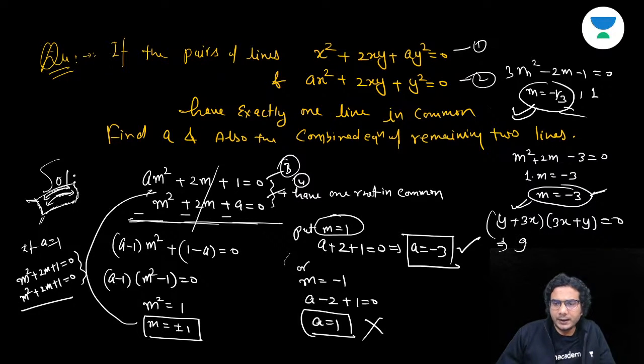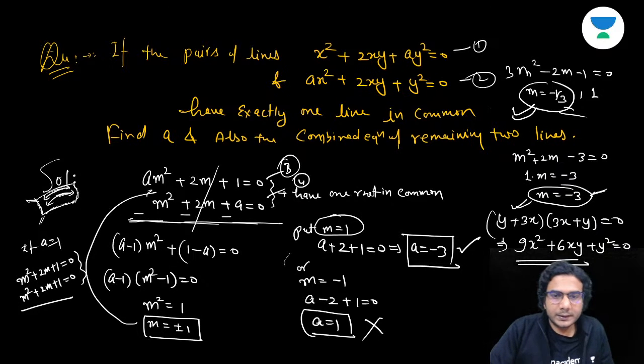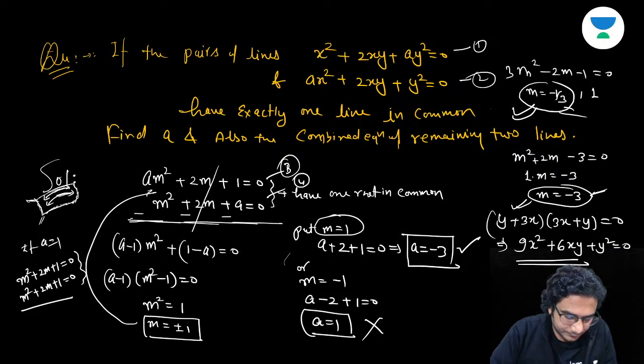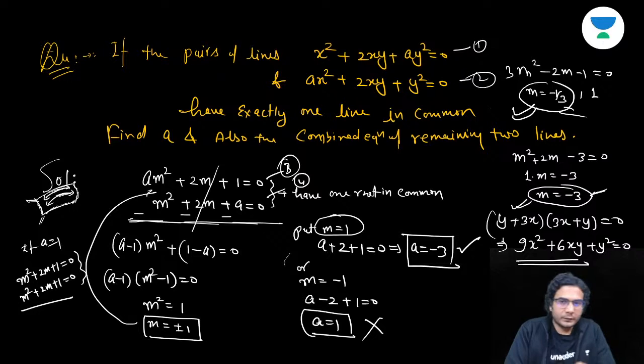It is going to be 9x square plus 3 plus 3, 6xy plus y square is equal to 0. All right. Got it? Got it, Jia?